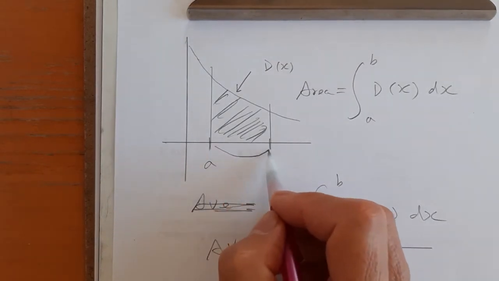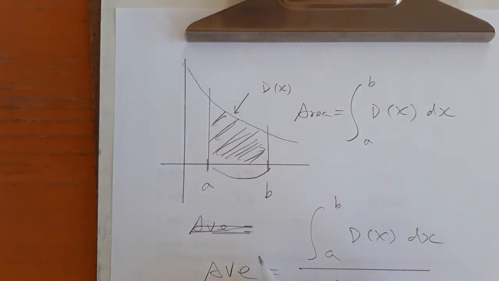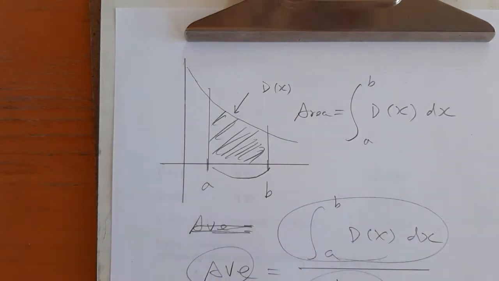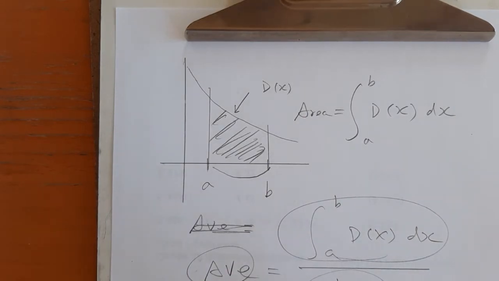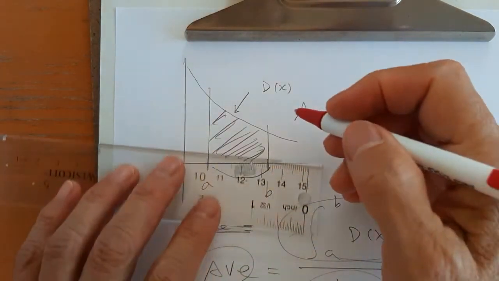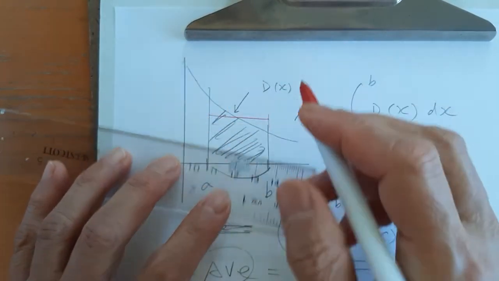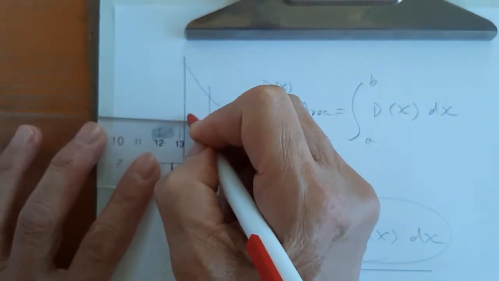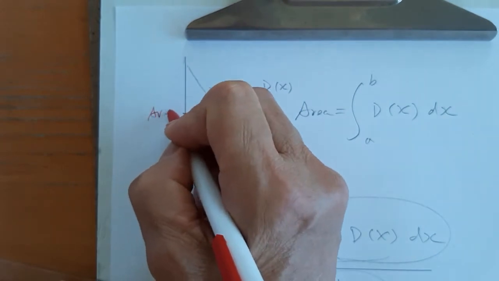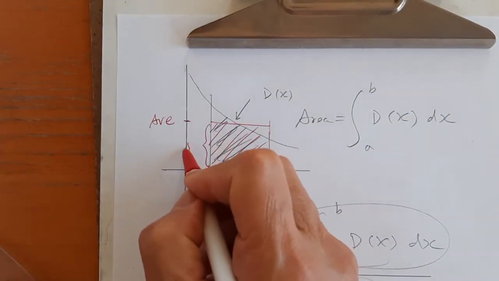What is b minus a? This is the base, and b minus a times the average is the entire area. Average times b minus a. That means you can always find the average value. This height is the average.